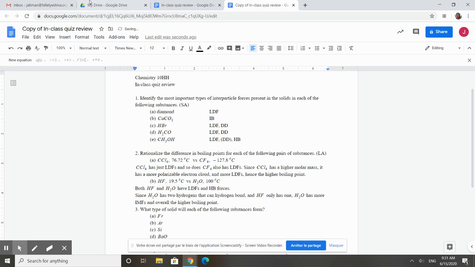So this has to do with the fact that H2O can just hydrogen bond more than HF. Molar mass really isn't a factor here. HF actually has the higher molar mass, but they're very, very similar in any case.